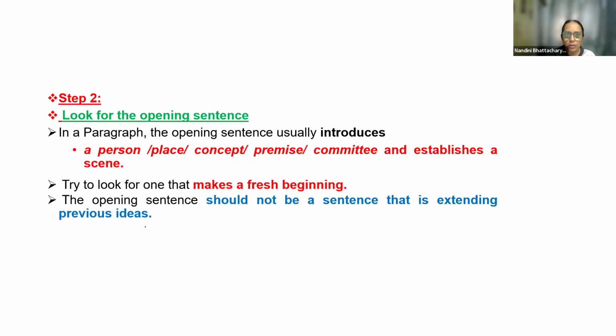So of all the sentences jumbled up, what would you look for? Something that has a fresh beginning, right? So anything that is explaining or is referring to something that would have been said before will not be an introductory sentence. The opening sentence should not be a sentence that is extending a previous idea. Got it?